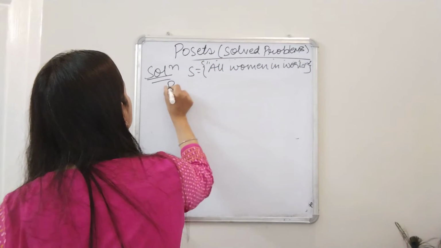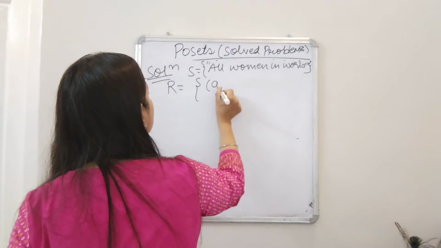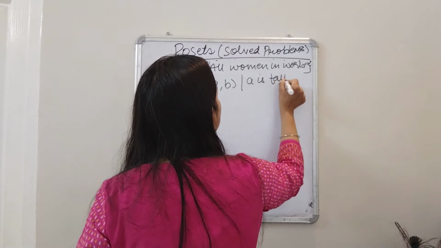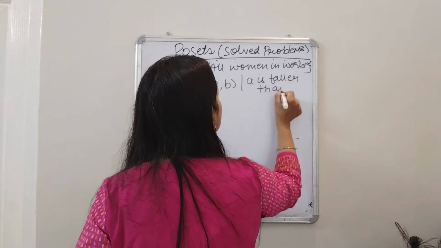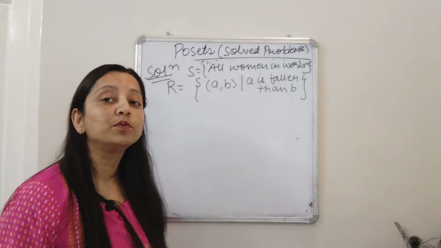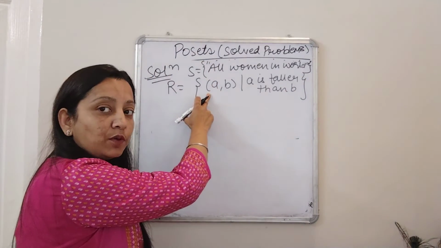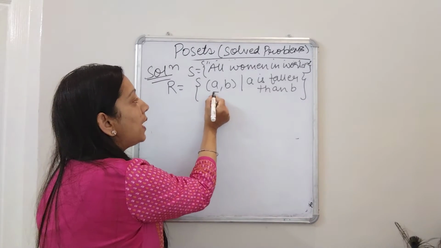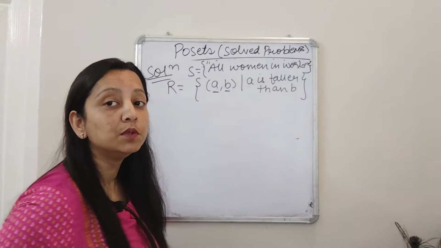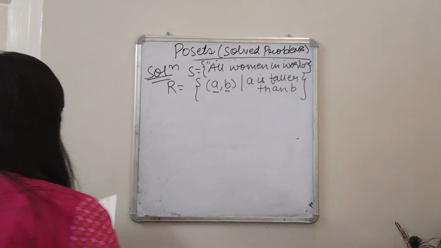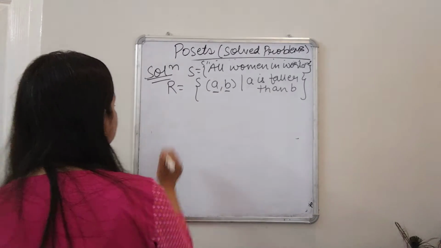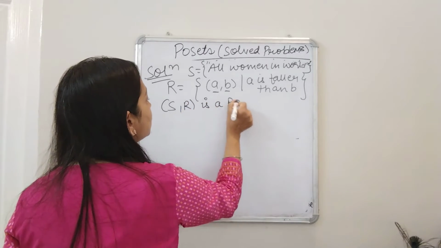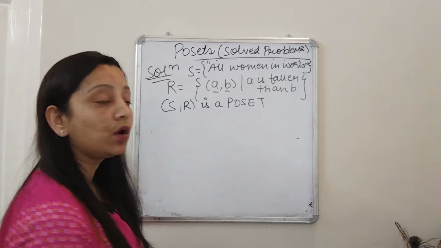And R is a relationship set which consists of ordered pairs AB such that A is taller than B. Now obviously since R is formed on the set S, A is also a woman from the set S and B is also a woman from the set S, and the ordered pair is formed in such a manner that the woman A is always taller than the woman B. Now let's find out if it is a poset or not. So basically what are we trying to find? If S,R is a poset or if S,R is a partial ordering or not.